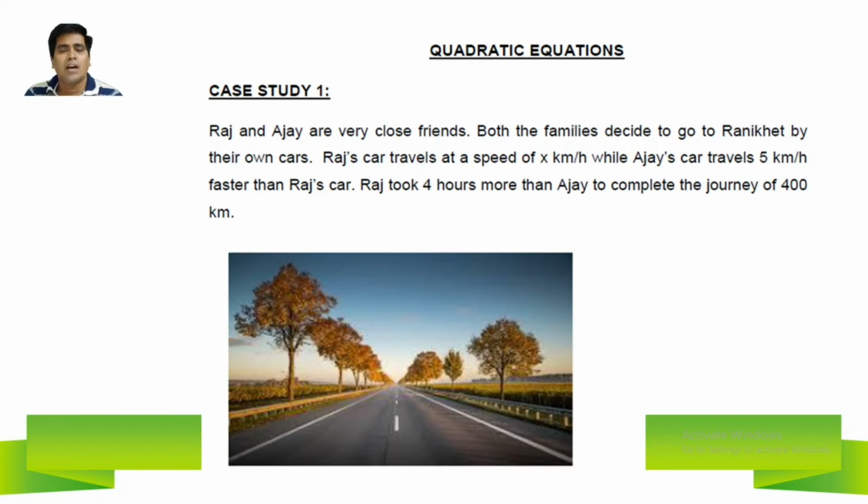These are very important points we can note down from this case study. Next, Raj took 4 hours more than Ajay to complete the journey. We don't know how much time Ajay has taken, but Raj has taken 4 hours more than that time.